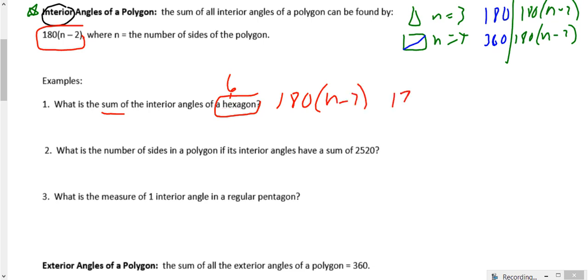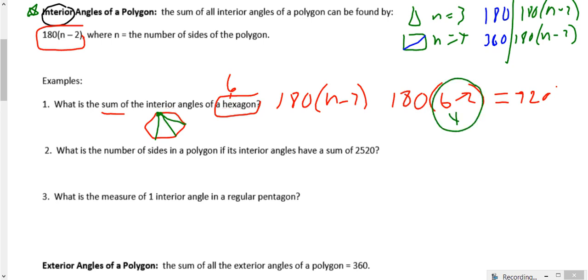So we'll have 180 times, and a hexagon has 6 sides, take away 2. And that would give us a total of 720 degrees. Now again, a hexagon, 6 sides: 1, 2, 3, 4, 5, 6. If I start at this vertex, I can draw 3 lines that cut that shape into 4 different triangles. And that's where this comes into play. Each triangle is 180 degrees.